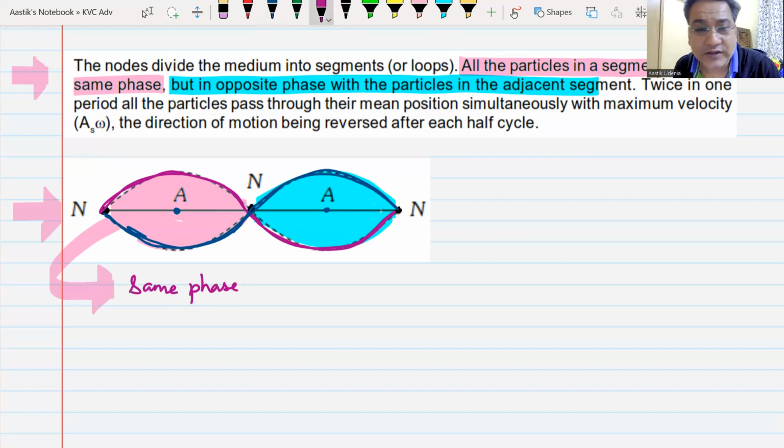They will all reach their maximum positions together, they will reach their mean positions together, and they will reach their left side or downside maximums together. So they move like this, all together. But their amplitudes are different, and therefore you have the wave pattern like this. Do we understand this? Yes, sir.